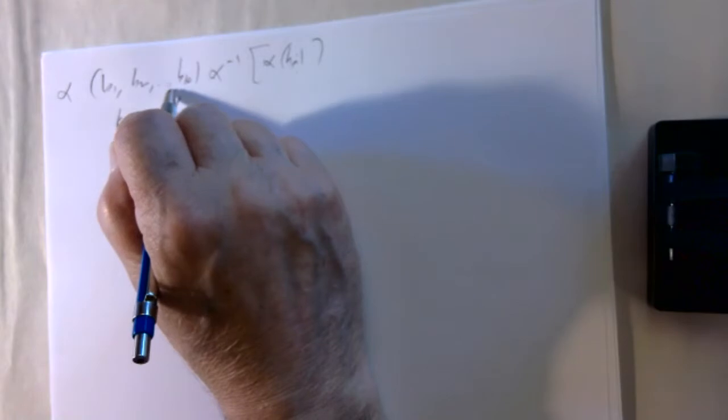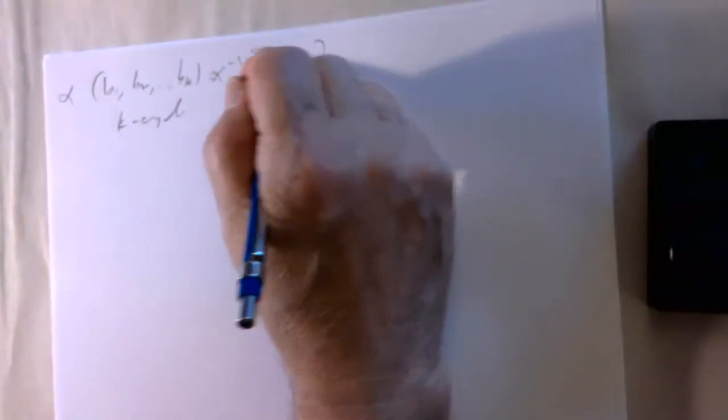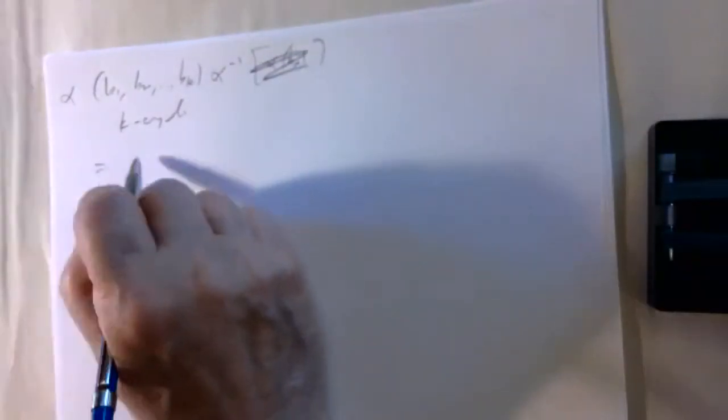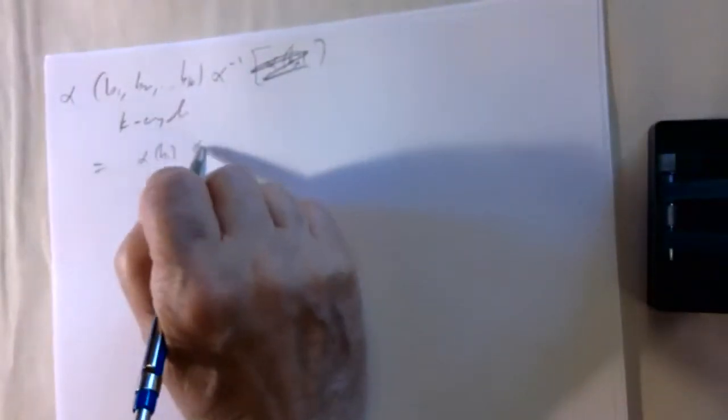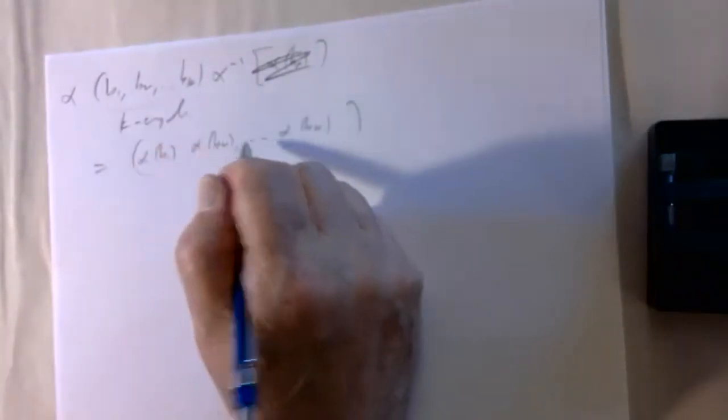BI goes to BI plus 1, and that goes to alpha of BI plus 1. So what you get is a cycle, alpha of B1, alpha of B2, up to alpha of B sub K. So if you take a cycle and you multiply it by alpha on the left and alpha inverse on the right, you just change the numbers in the cycle.